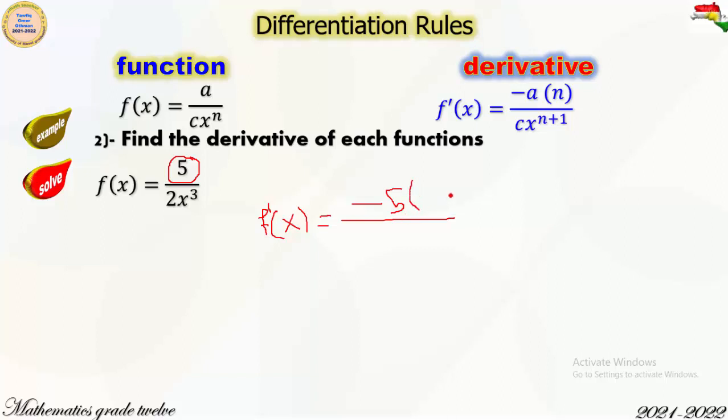Then times the power, which is 3. Then write the number at the denominator, which is 2. Then write x and add 1 to the power, 3 plus 1, which equals minus 15 over 2x to the power 4.